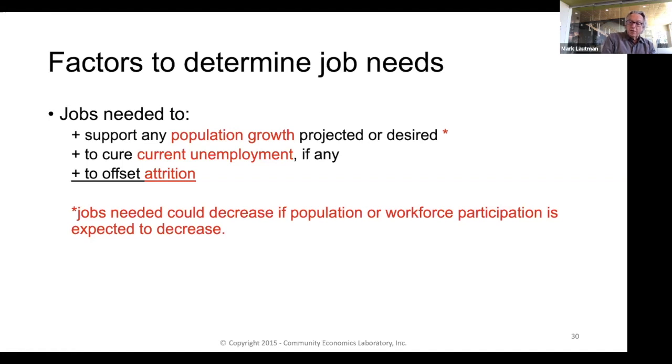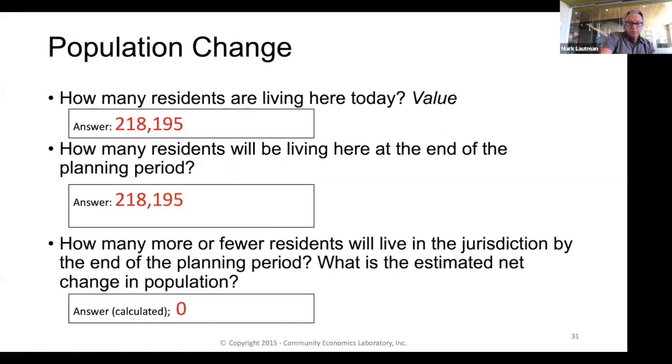And you've got to make up your attrition first if you're going to have any shot at closing your current unemployment gap and creating some jobs for any population growth you might want. So those are the three factors.